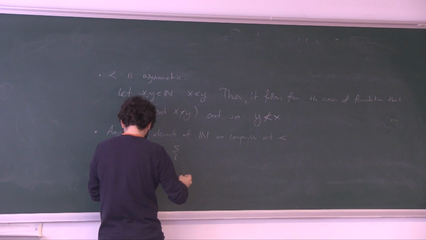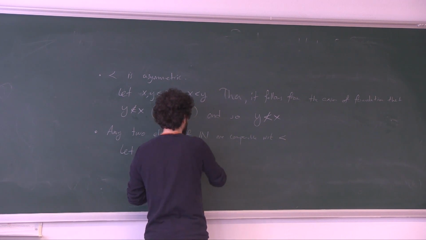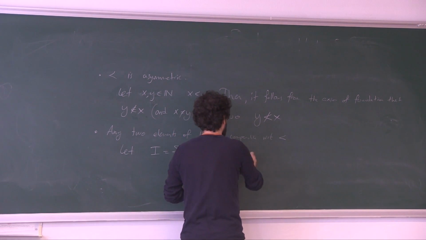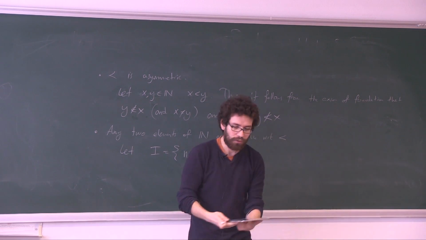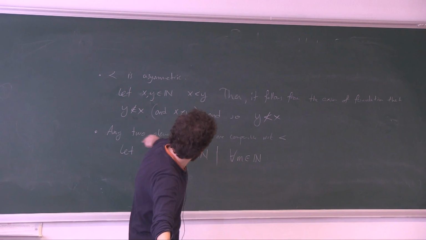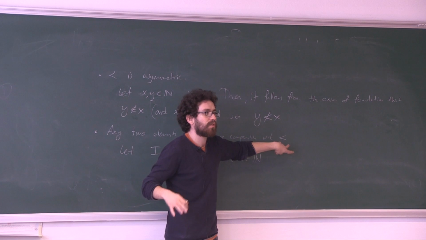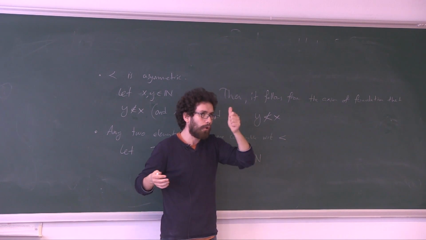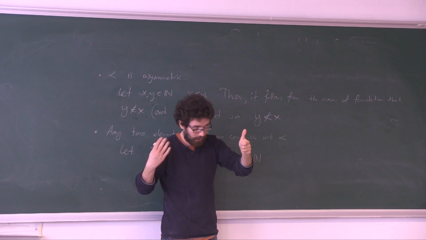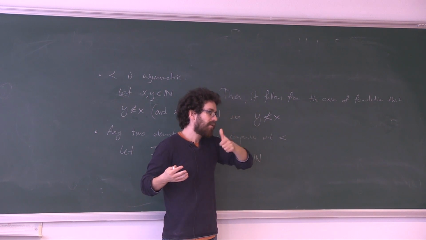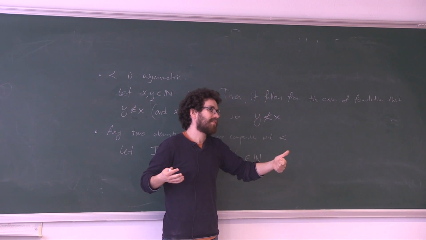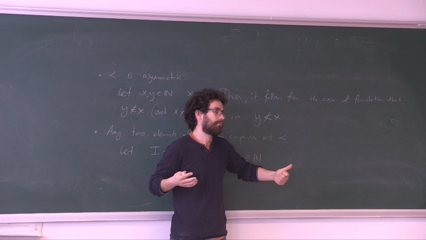What do I want to prove? Any two elements are comparable with respect to this strict partial order relation. What does that mean? For all m and for all n in natural numbers, either m equals n, m is less than n, or n is less than m.